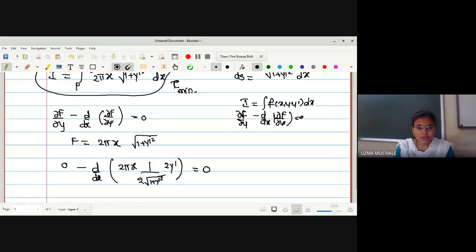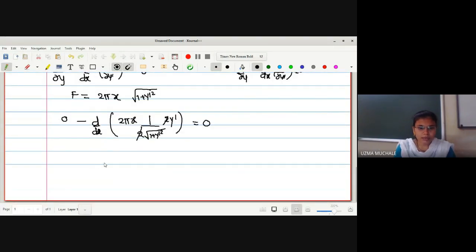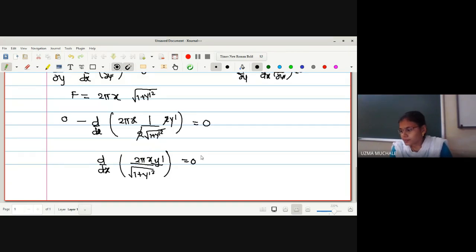So this 2 can get cancelled. Now this negative sign we can multiply, and we get d/dx of 2πx y' divided by √(1+y'²) equals 0.